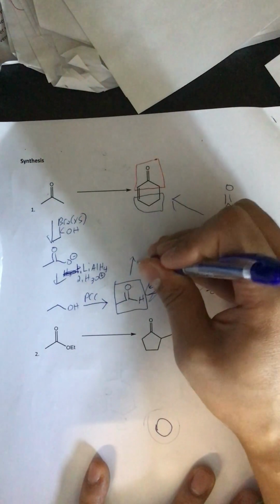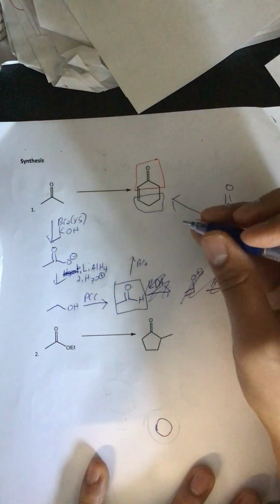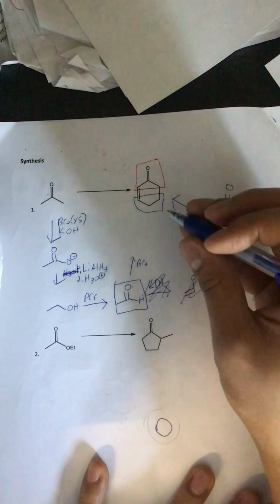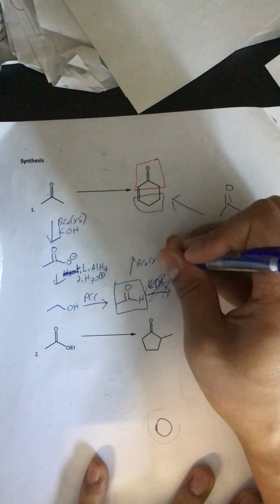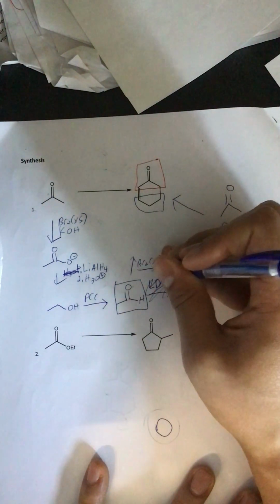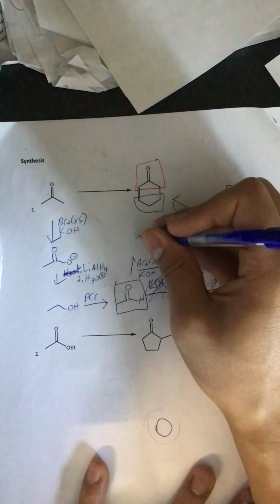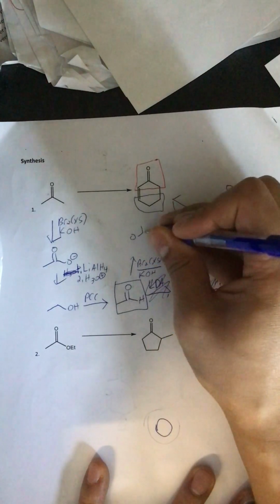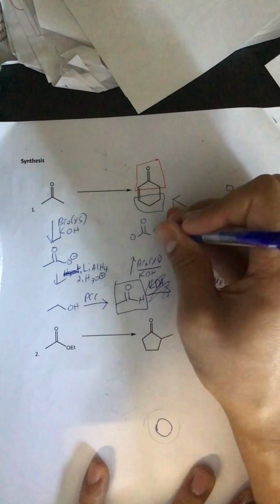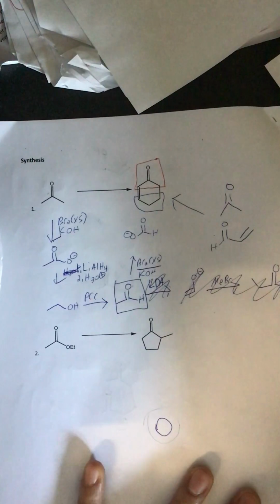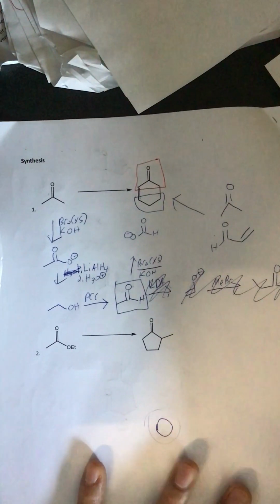And then also if I use Br2 and excess KOH, I'll get this, right?